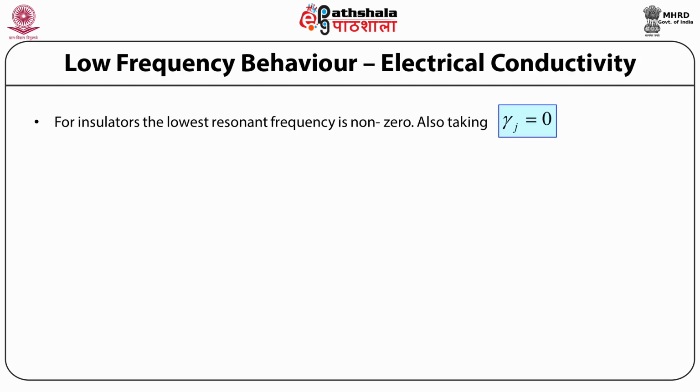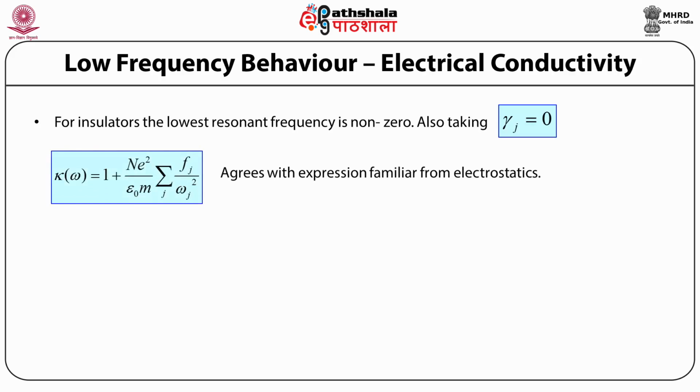In that case, from the equation we obtained for the dielectric constant, on putting gamma j equals 0, K omega equals 1 plus n e squared divided by epsilon naught m times summation over j of f_j divided by omega_j squared, which agrees with the expression familiar from electrostatics.